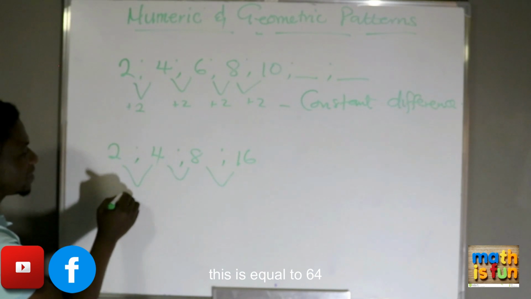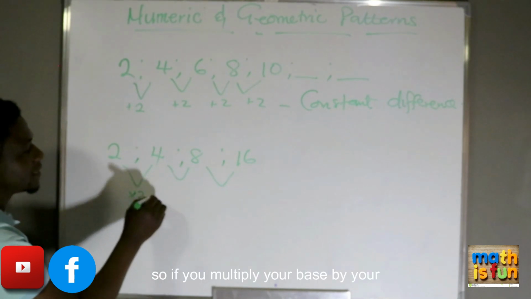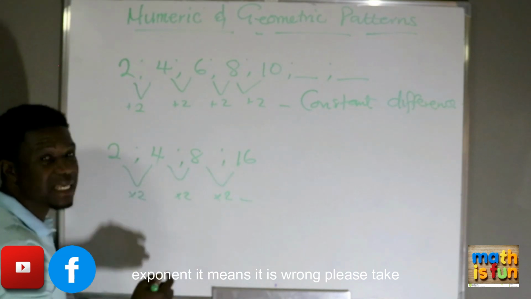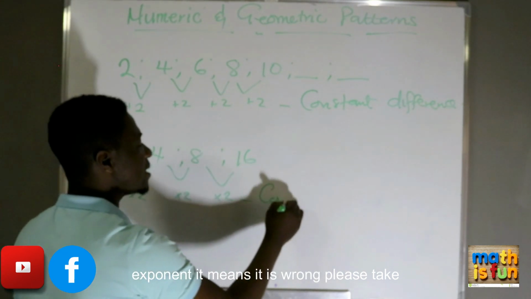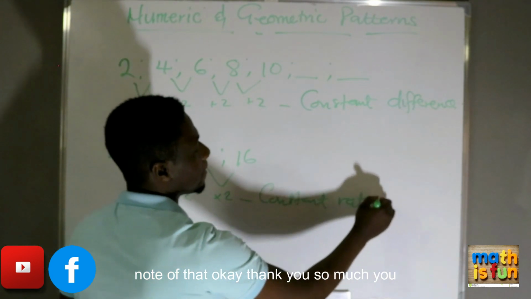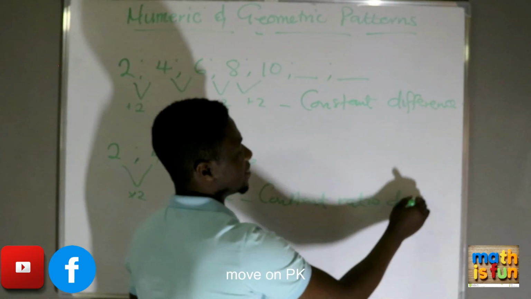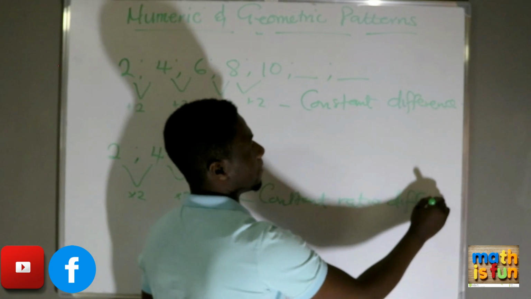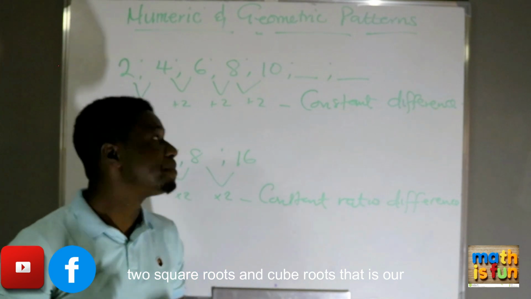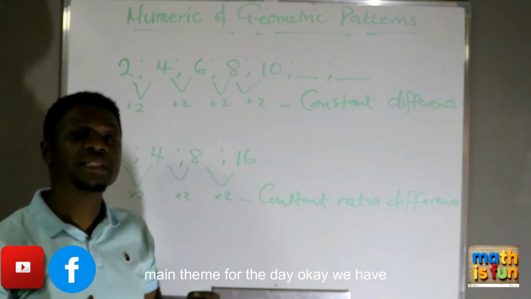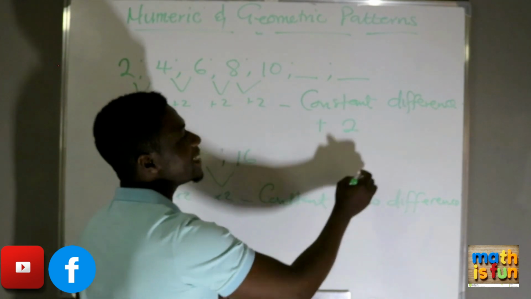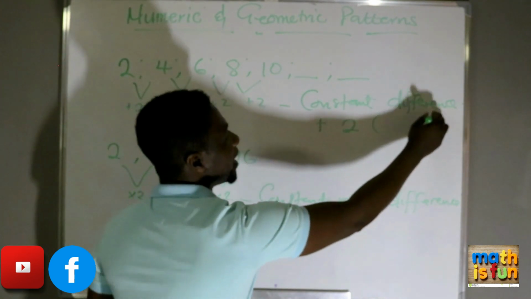Which gives me times 2, times 2, times 2. So we say this is a constant ratio difference. Okay, a recap quickly. If we talk about constant difference, it means we are adding or subtracting a particular number.